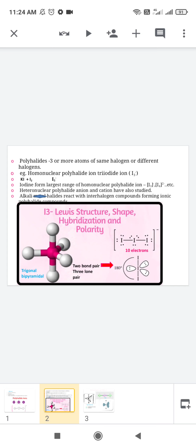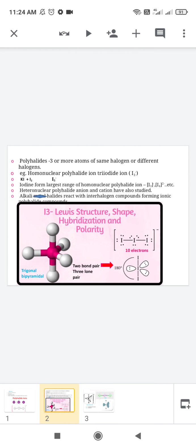In this reaction, a salt in which the iodine exists as I minus reacts with an iodine molecule. First of all, we have to dissolve the potassium iodide in, it may be aqueous medium, and after that the iodine balls are dissolved in it, and we will get I3 minus ion.